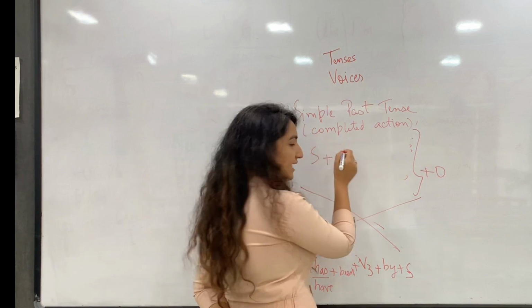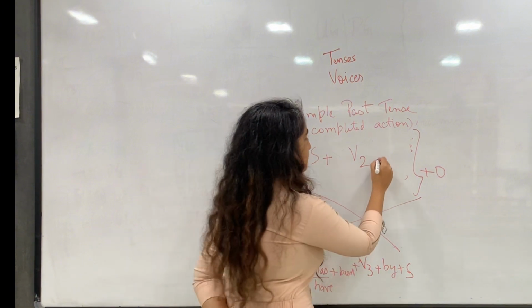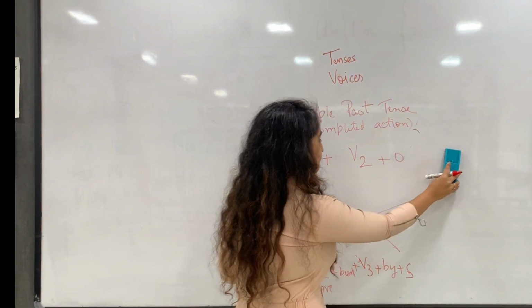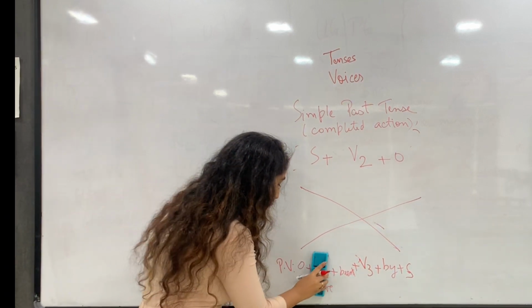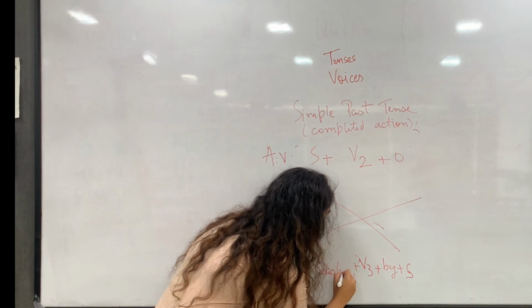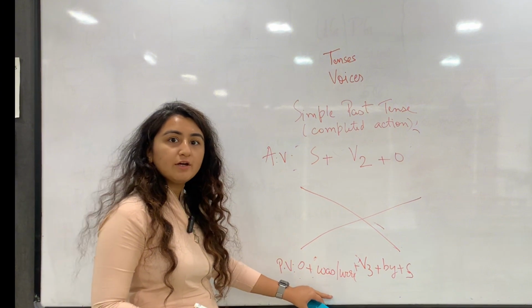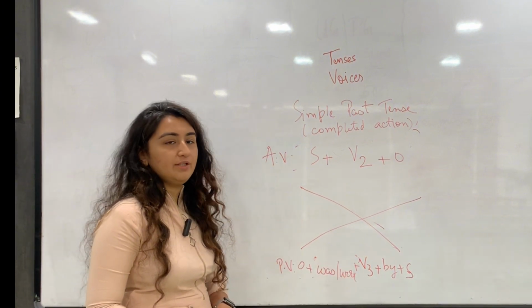Subject, any subject, plus V2 plus object. Again, a cross. In present, we used to write am, is, are over here. In past, we write was, were plus V3.